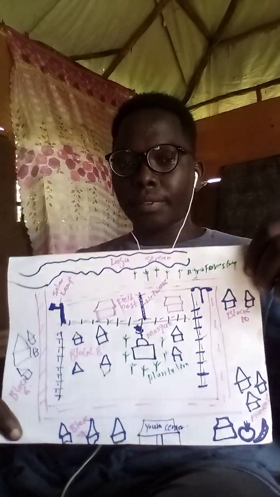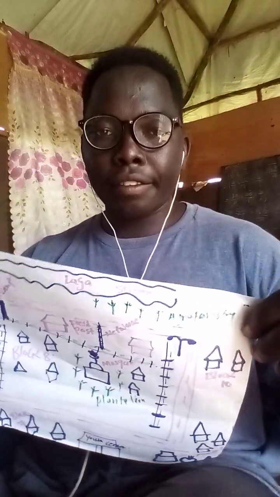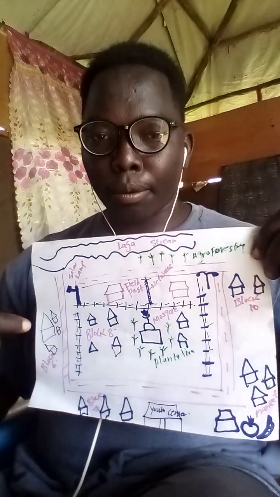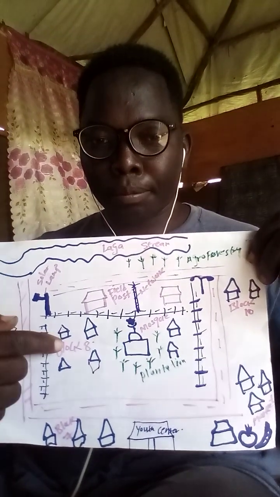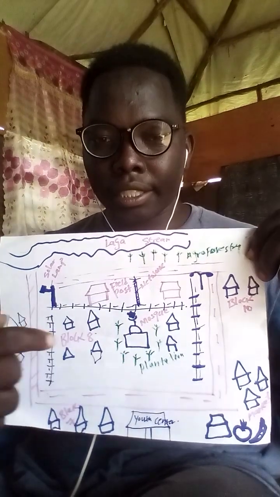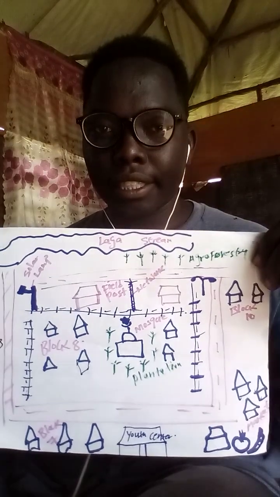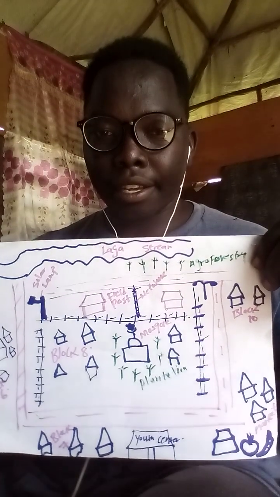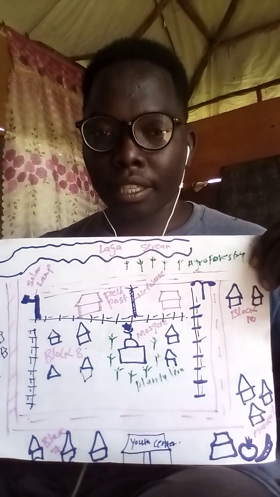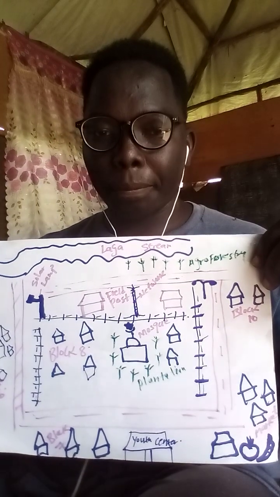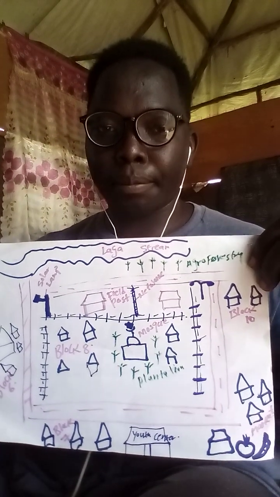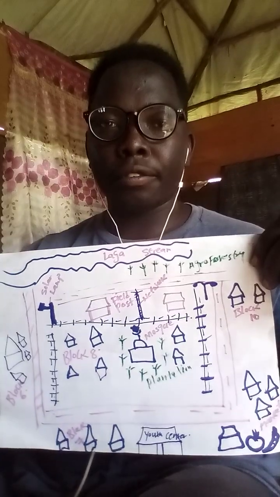I'm living in a refugee camp and we live in blocks. This is block 8, and you can see block 10, block 9. This is the block that I'm living in, and that's the map I have made, and some of the prominent features in the block that every member of the community knows.